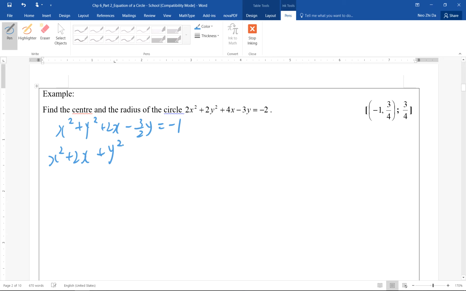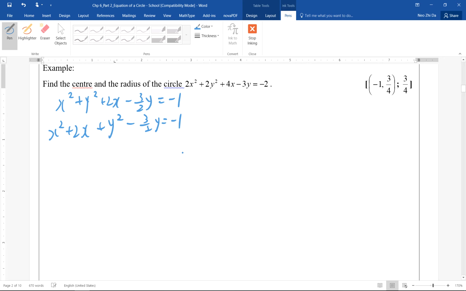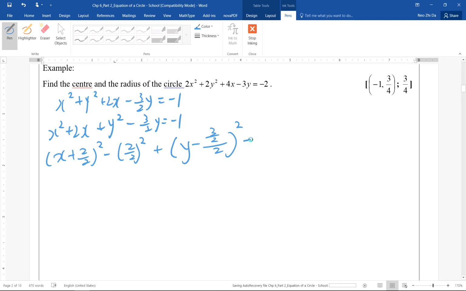So I group all the x together and all the y together. Next, perform completing the square. Focusing on x squared plus 2x. Okay, and now focusing on y squared and negative 3 over 2 y. 3 over 2 divided by 2, I key in the calculator, I will get 3/4.